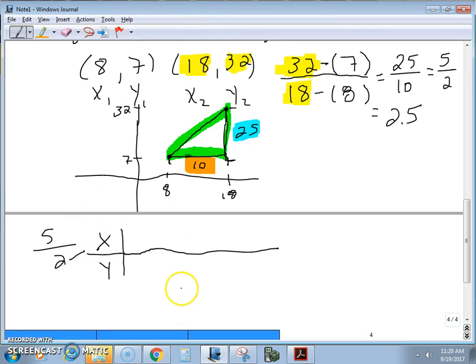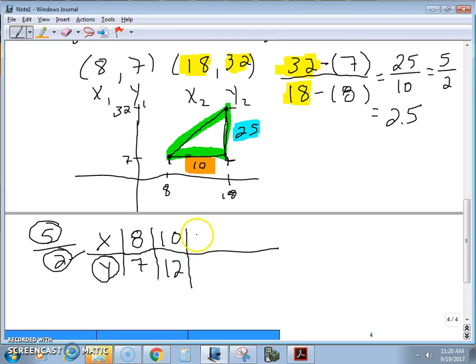If we start with our x being 8 and our y being 7, our y value is increasing by 5 and our x value is increasing by 2. So the next one would be 8 plus 2 is 10, and 7 plus 5 is 12. So 10, 12 would be another point on that line.